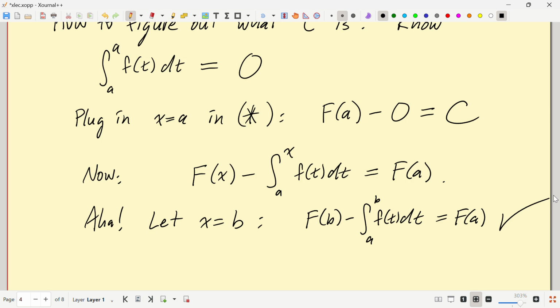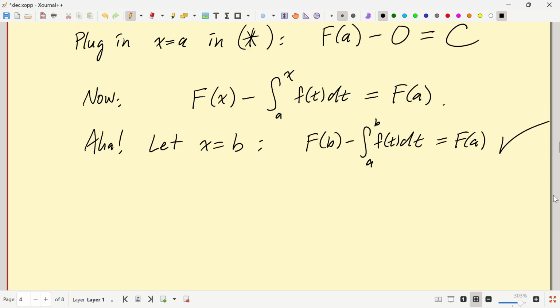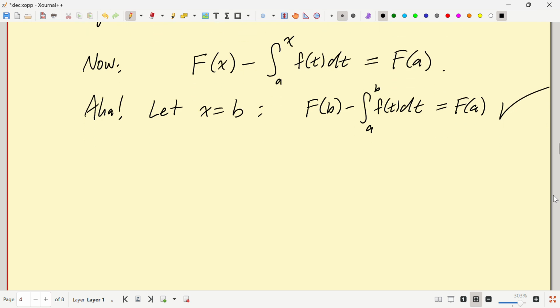Okay. Well, now all your freshman calculus is 100% justified. Here's an interesting question. What if we don't know f is continuous?